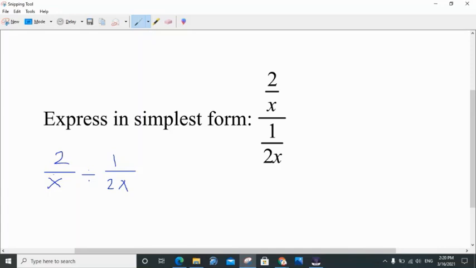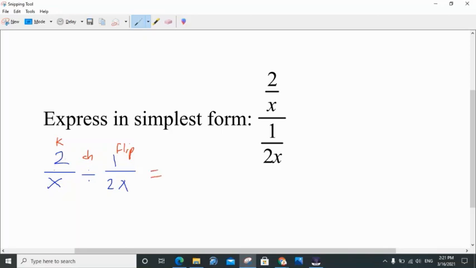I'm going to tell you a trick that will make our questions easier to solve. The rule is keep, change, flip. Keep means let the first expression stay as it is.